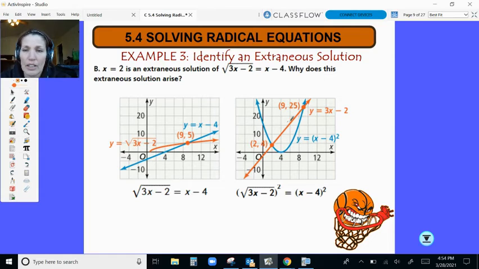The other becomes a line, 3x minus 2. Notice over here it intersects only one time, and that's my solution, 9. Over here, all of a sudden it intersects twice, so my solutions are 9 and also 2. That's how we come up with that extraneous solution. That's what it looks like graphically.